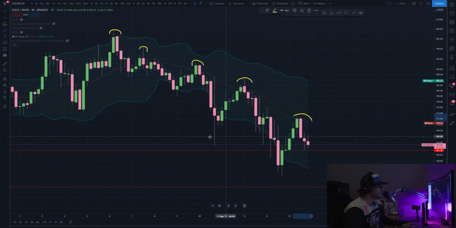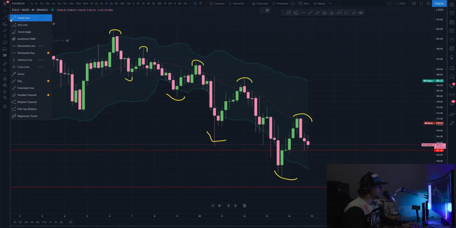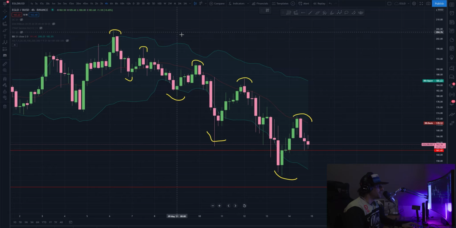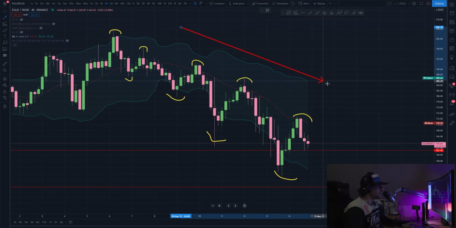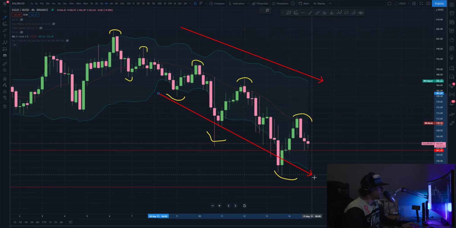The trend is down, and lower lows like here. This is very simple to understand. Also, this is very well represented by the gravity of the Bollinger Band, which tends to go down.